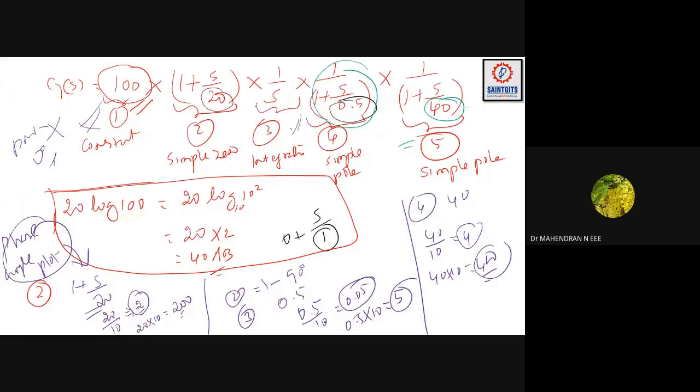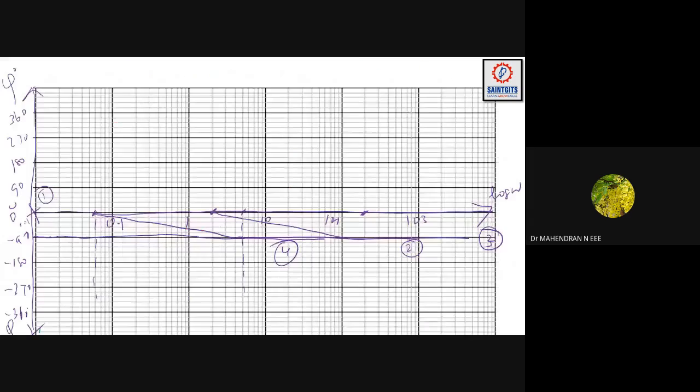Then next is the fifth one. It is 40, 4 to 400. Okay, where is 4? This is 4. Am I right?